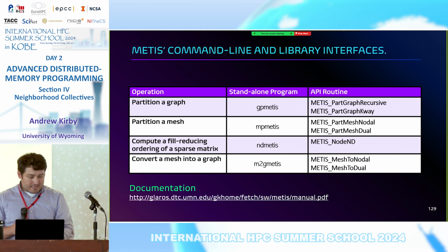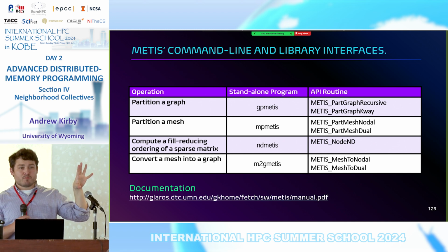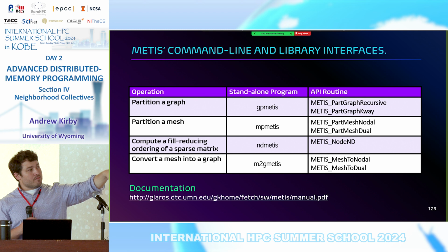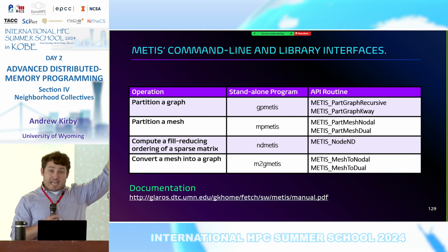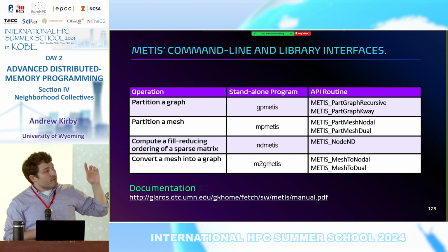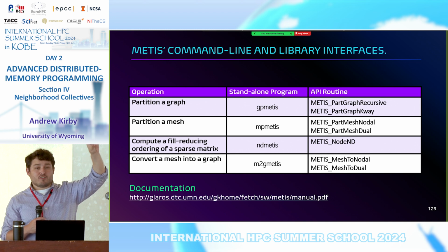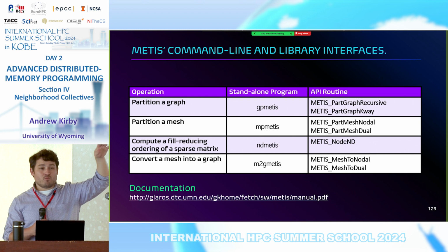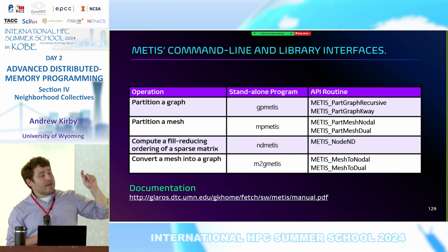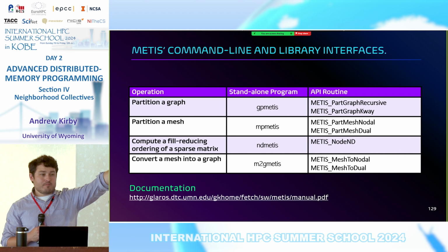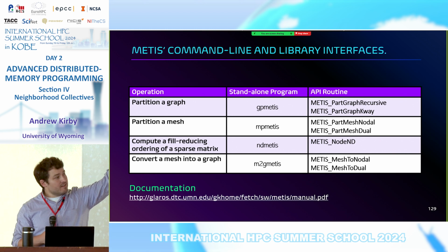Okay, it has a bunch of programs. In the middle, there are standalone programs. So if you want to partition a graph, you could dump your graph to a file in their expected format and pass it into their standalone program called GPMetis, right?